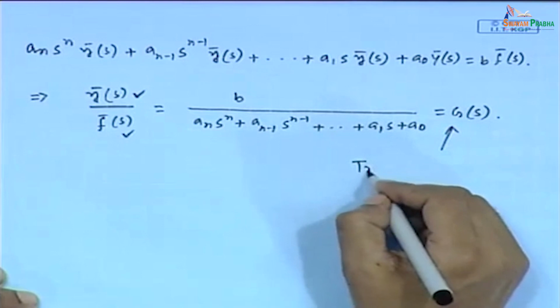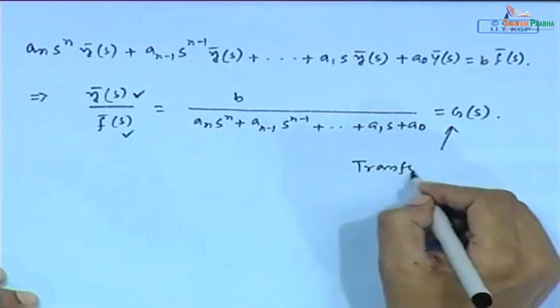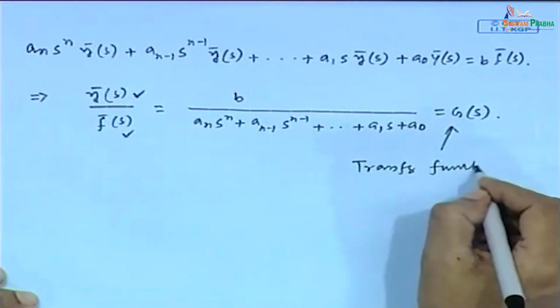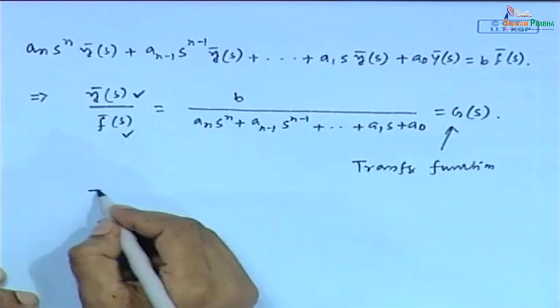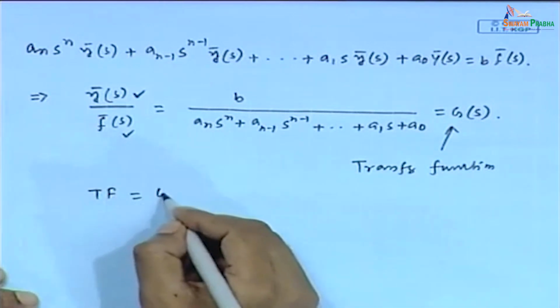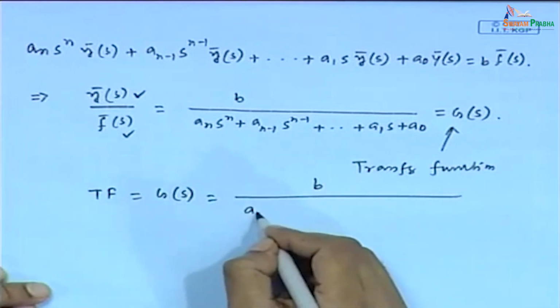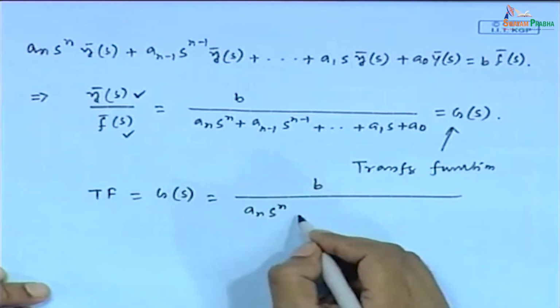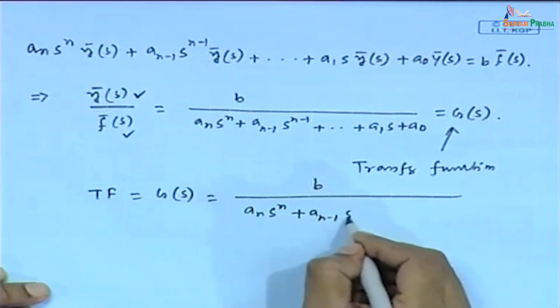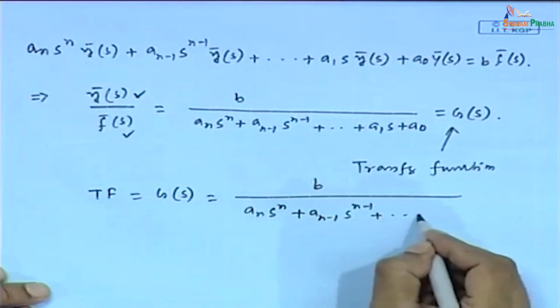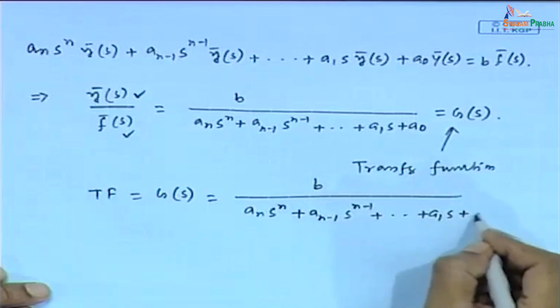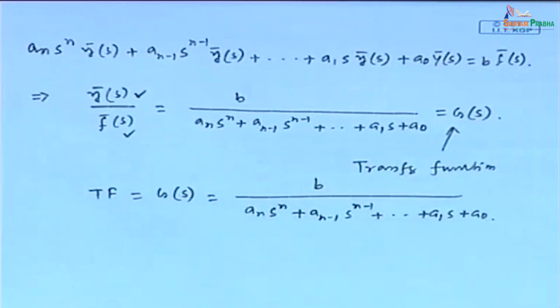This is the transfer function. The transfer function is represented by G(s), and that is b divided by a_n s^n plus a_(n-1) s^(n-1) and so on, plus a_1 s plus a_0, fine.